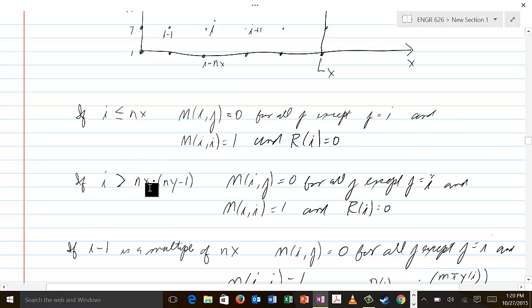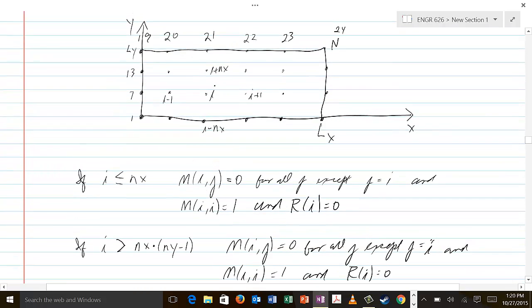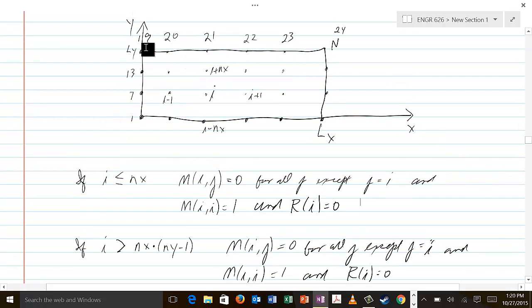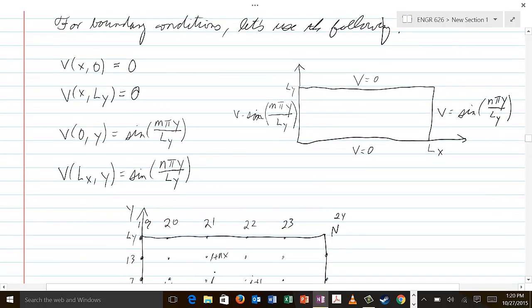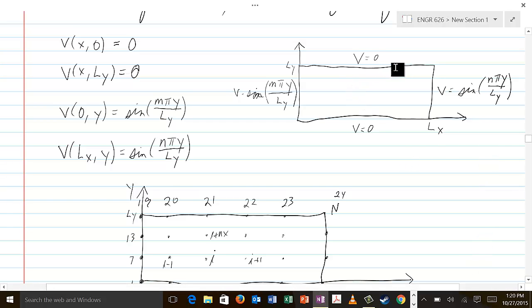It says if I is greater than nx times ny minus 1. What nodes are those? Well, if you look at it for a moment, you'll see that those are the nodes along the top of our problem domain. And there too, we had the Dirichlet boundary condition, v is equal to 0.